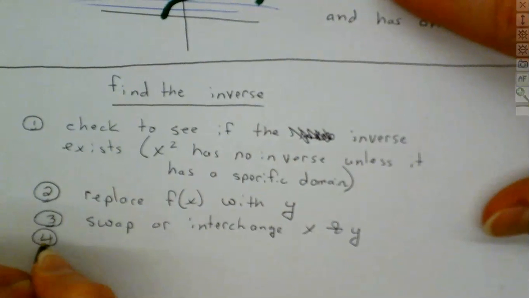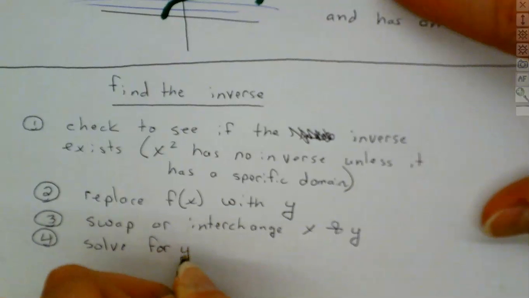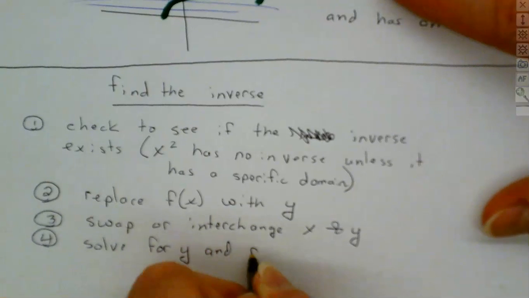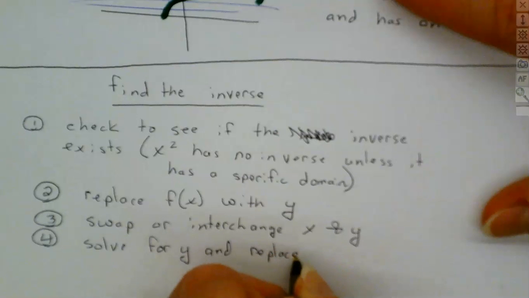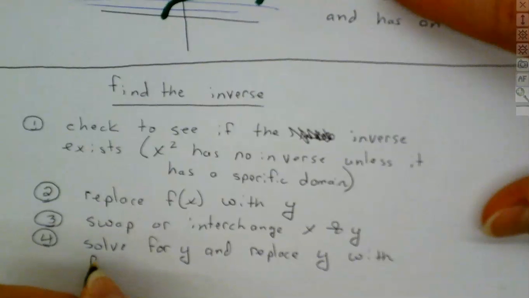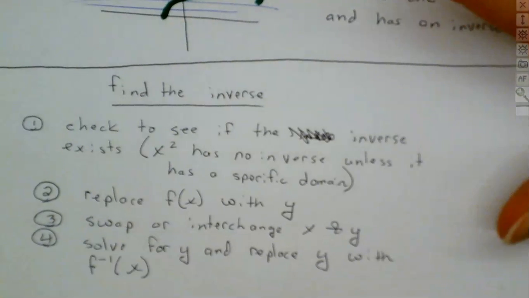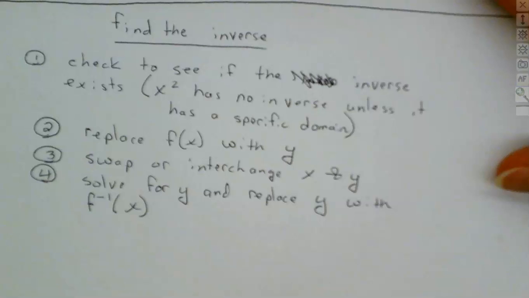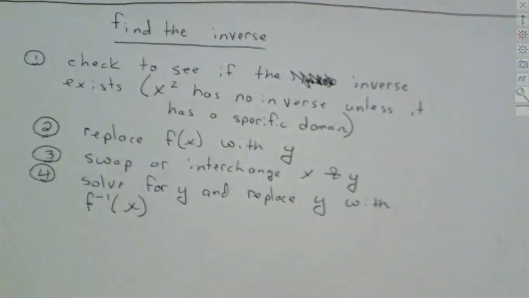Step number 4 is you solve for y and replace y with f inverse of x. So this is the procedure here.